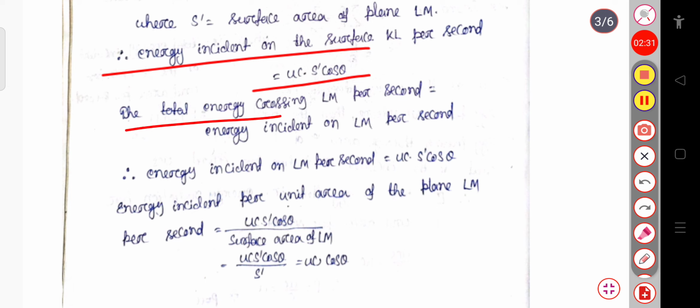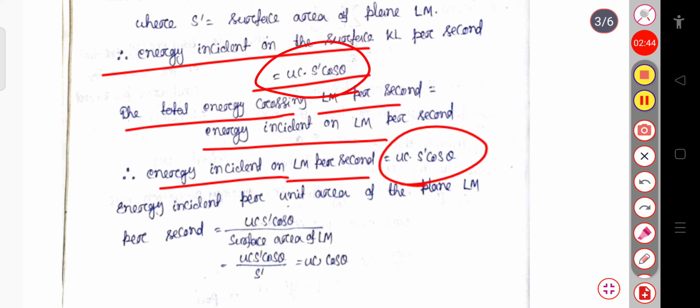Now the total energy crossing LM per second will be equal to the energy incident on LM per second, which is also equal to UC into S prime cosine theta. So if we calculate the energy incident per unit area of the plane LM per second, that will be equal to the total energy crossing LM per second divided by the total surface area of LM.